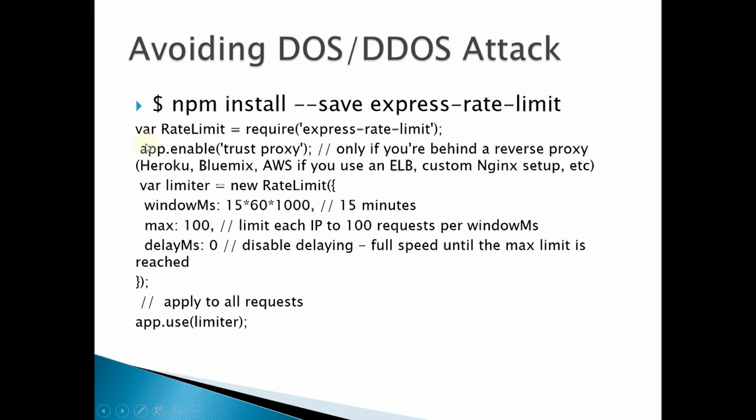Simply write this code in your application and it will provide 100 requests per day to your REST API. So this is the way out. This will stop any DoS denial of service attack, because any IP after that limit of requests will not be able to access your server. It will be responded with an error.